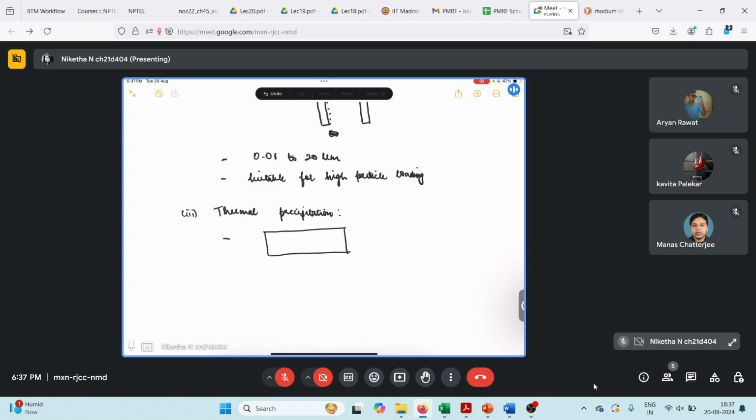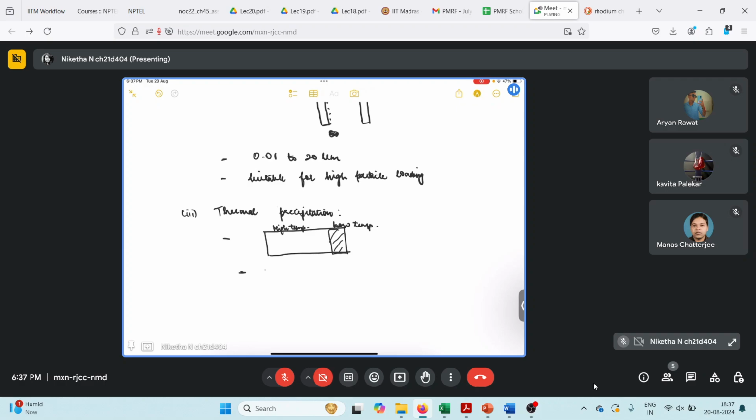So here the temperature will be slightly higher, and here it will be lower. Generally particles will get attracted to a lower temperature, so they will get deposited here and then can be collected.